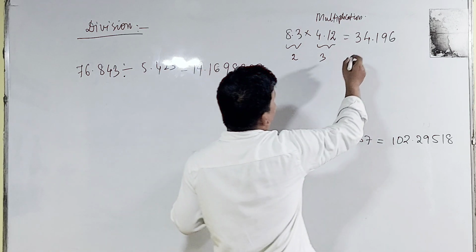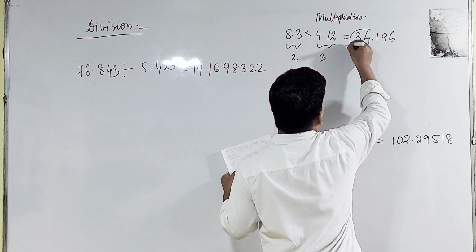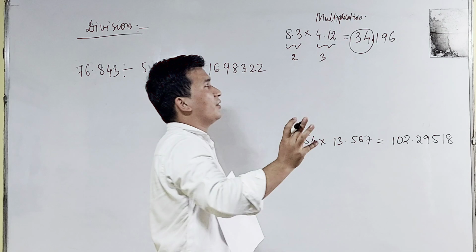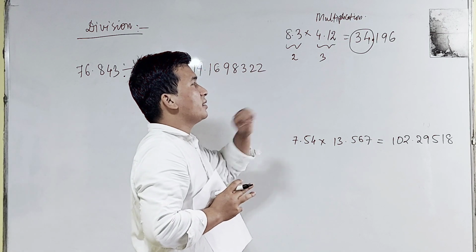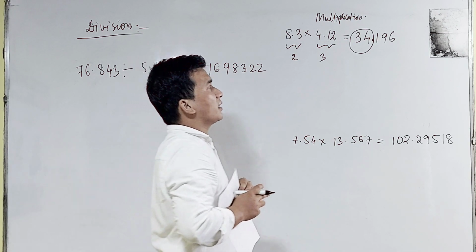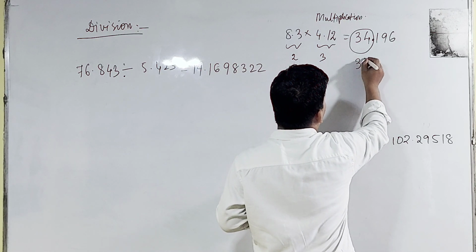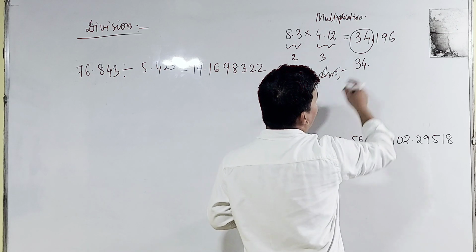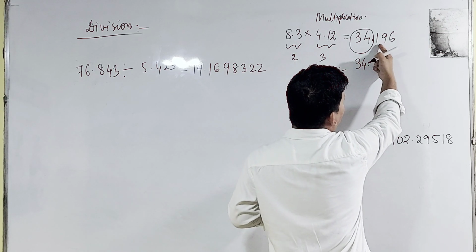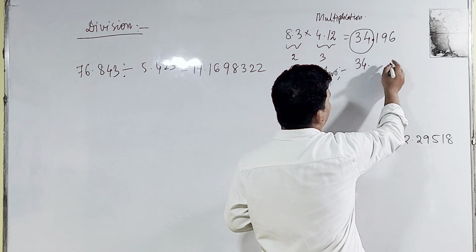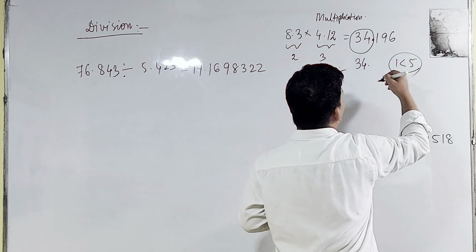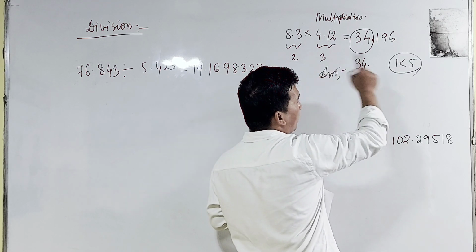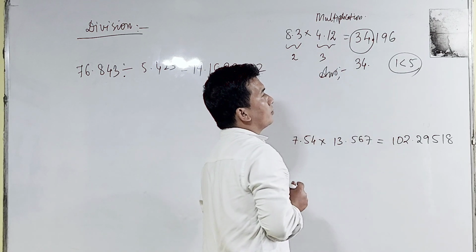We are going to take the first two significant figures as our answer. The answer will be 34. Are we going to consider this one? This one is less than 5, so we are not going to add 1 to this preceding digit 4.